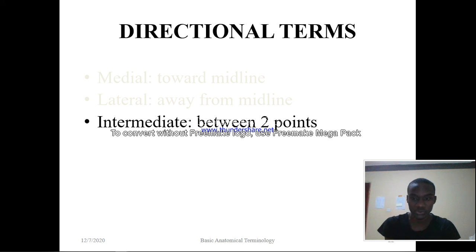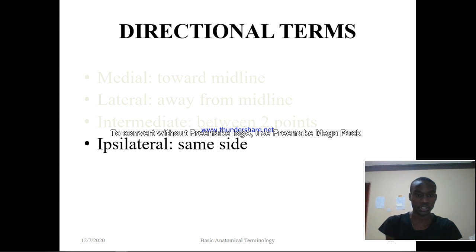Sorry, we are locating the nose in relation to the eyes. So we say the nose is intermediate between those eyeballs. So that is the term intermediate there, something between 2 points. We use it that way.